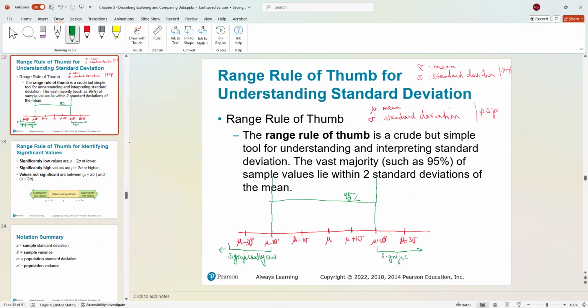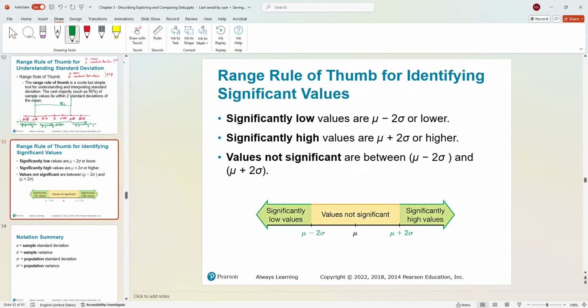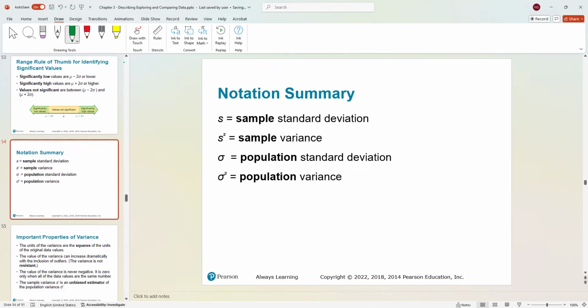It's very important to see this: significantly low is below two standard deviations, significantly high is above two standard deviations, and in between is not significant. I'm hoping you understand this.